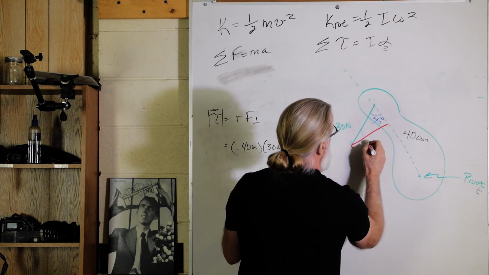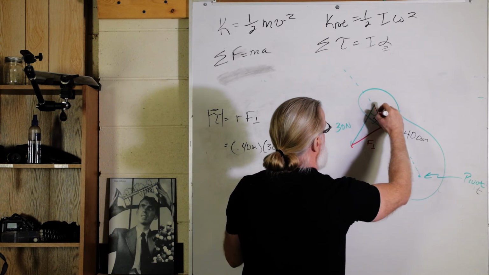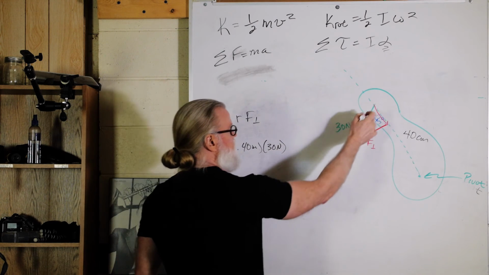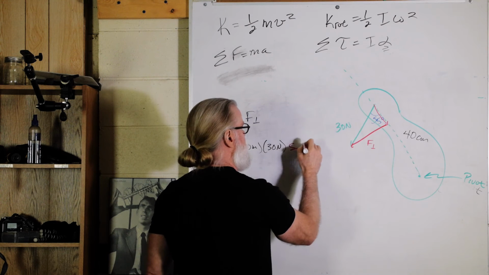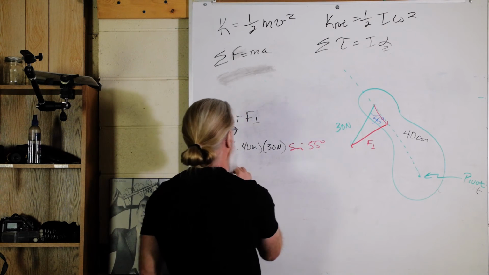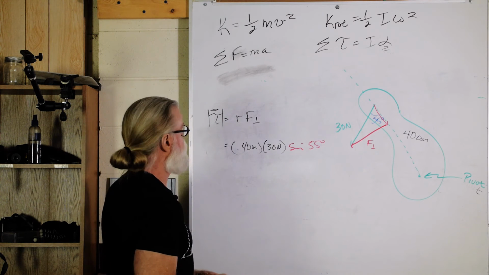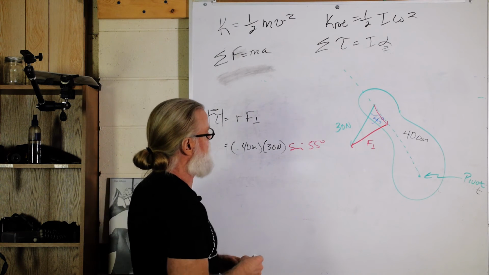We want the right angle component, F right angle. Those are the two components. So this is going to be the sine of 55 degrees. All right, I don't have a calculator handy. It's whatever that is. All right, let's do it with the moment arm technique.